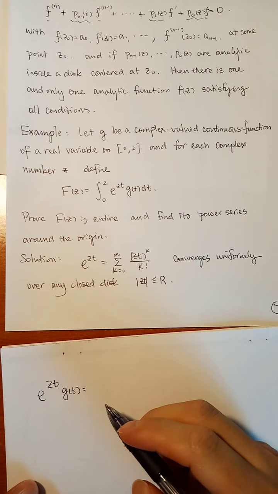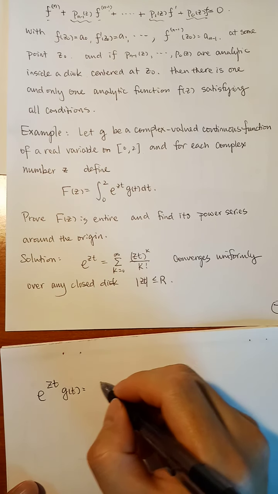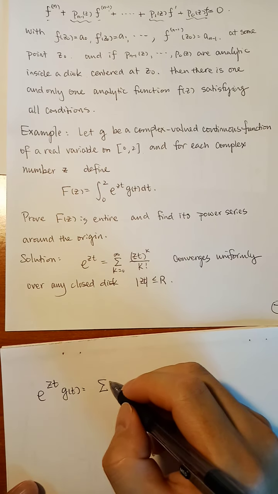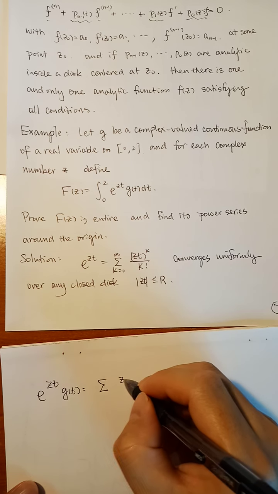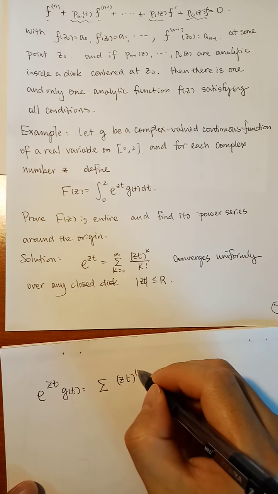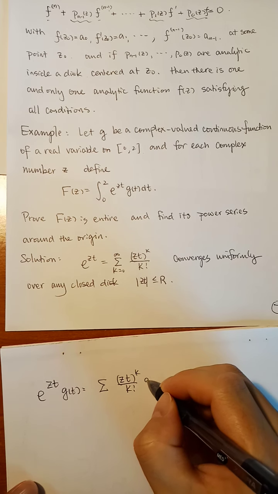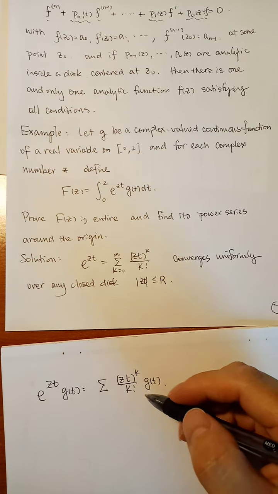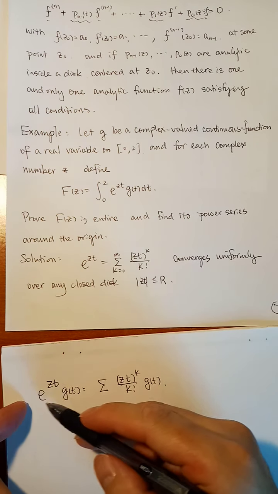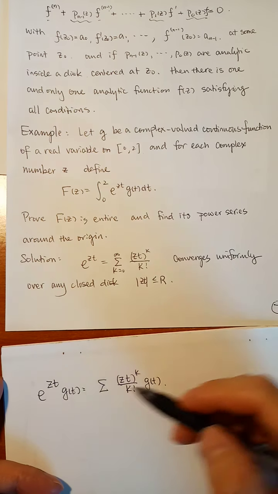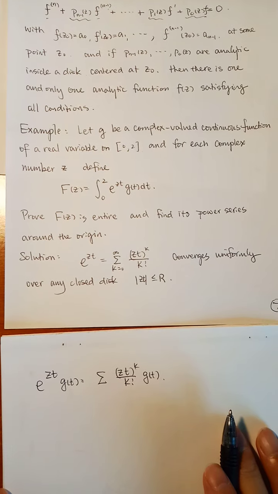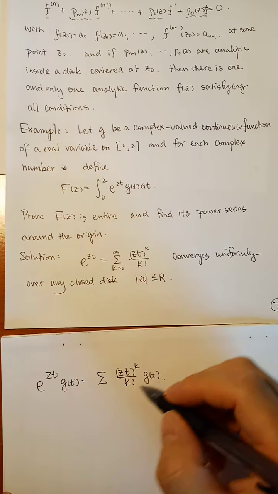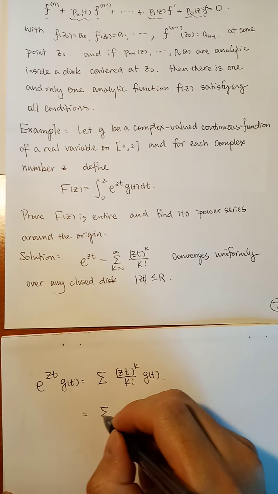Then we multiply this function pointwise by g of t. Then it is also equal to the sum of (zt)^k over k factorial, times g of t. This is still uniform convergence, because it's uniform convergence for this part, and here g is just a coefficient. It does not change.